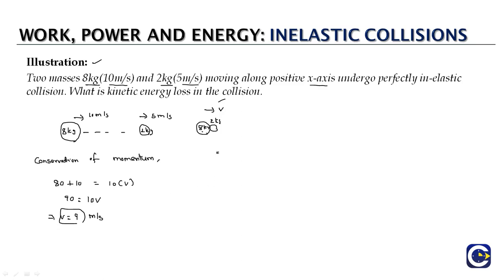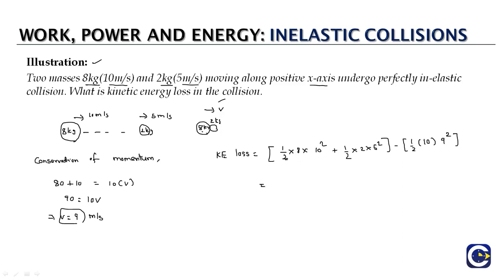Now when we want to calculate the kinetic energy loss, it will be the total initial kinetic energy minus the total final kinetic energy. So the kinetic energy of the 8 kg particle initially will be half into 8 into 10 square, plus the kinetic energy of the 2 kg particle, half into 2 into 5 square, minus finally, both the particles are moving together, which means it is like a 10 kg particle moving with a velocity of 9 meters per second.